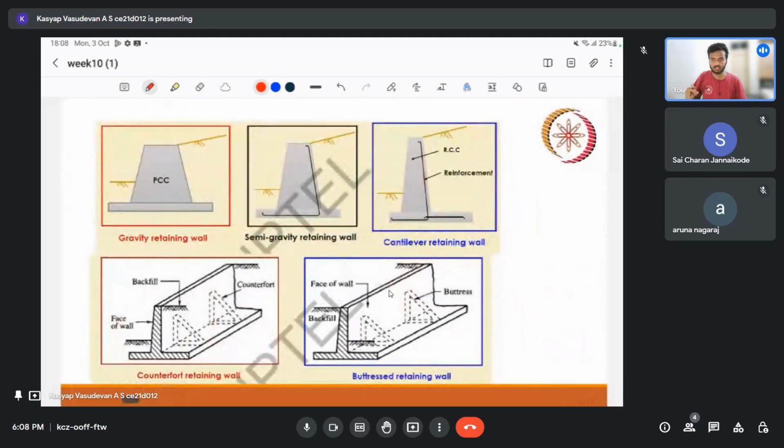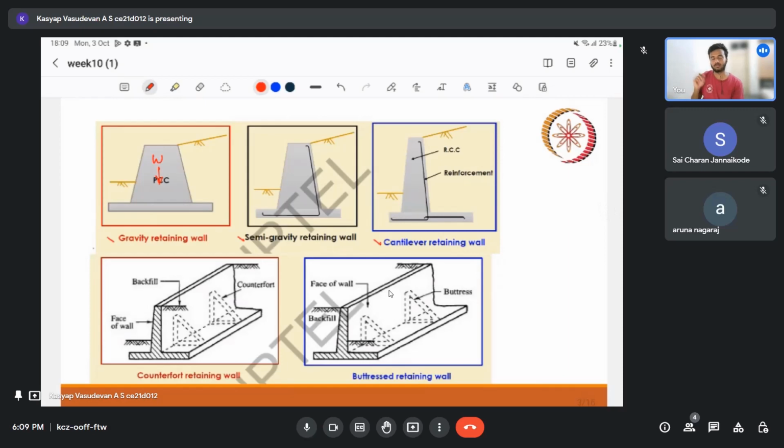Since I was talking about different types, I just thought of touching upon it. These three are based on these actions. The top three are based on its action against resisting our backfill. To resist our backfill, the gravity wall is solely dependent on the self weight of the material, so our cross section has to be a bigger one. So it's quite clear.